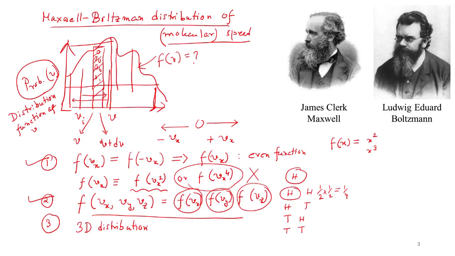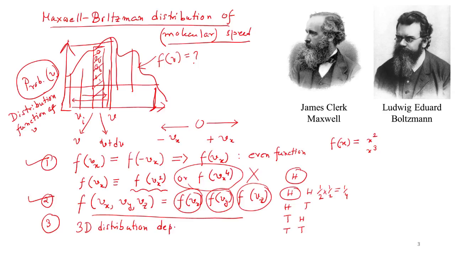Which means what we are going to calculate is only this magnitude, 10 kilometer to 10.1 kilometer per second, independent of the direction, if we really want to calculate a three-dimensional distribution. So what we are going to calculate is a speed distribution finally, not a velocity distribution. We'll start with a velocity distribution, but we'll end up with a speed distribution.